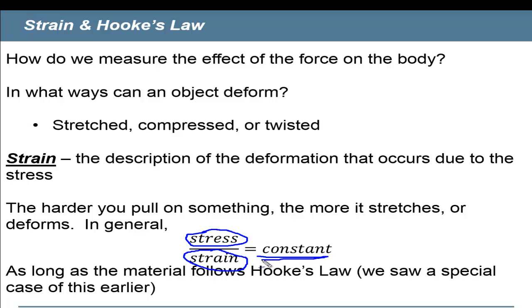Well, in some regions of the stress-strain relationship. And as long as it follows Hooke's law, which we saw a special case of with springs earlier, the ratio of stress to strain will be a constant. So that's basically the ratio of stress to strain. We can physically think of it as, well, the more I pull on something, the more it stretches, or the more I push on something, the more it compresses, right?